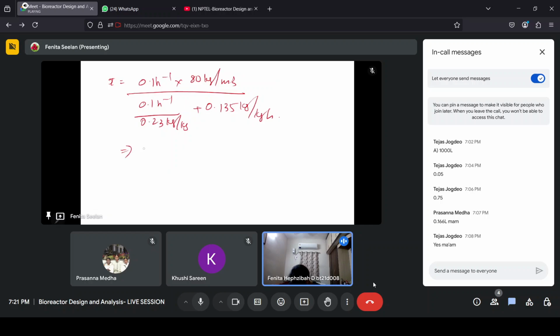So if we do so, we will get the concentration. Let's calculate. 0.1 divided by 0.2343 plus 0.35. It's around 14.05 kg per m³. So this is the cell concentration at quasi steady state.